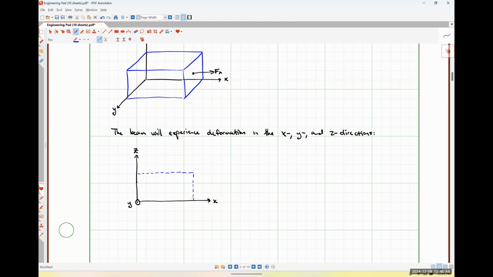was something like this, and we applied a large enough force, and this is definitely exaggerated. So let me just write something out here.